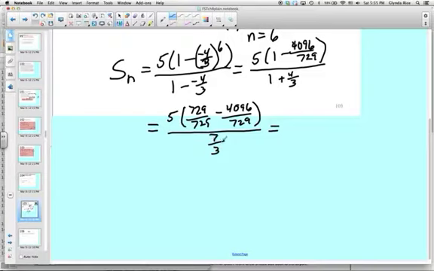Dividing by a fraction, I'm going to turn the bottom one upside down. Multiply by the reciprocal, times 5, times 729 minus 4096. 729 minus 4096. Negative 3367 over 729.